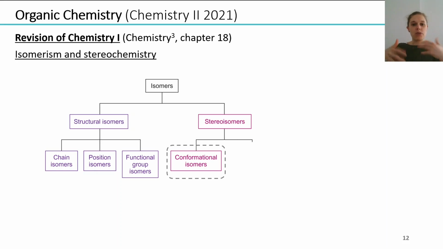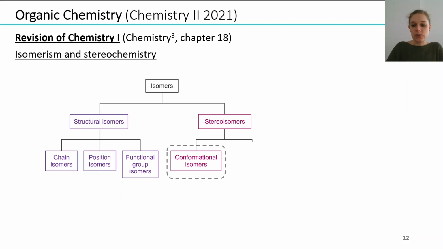So there's a free rotation, and that's why this conversion is quite easy. In contrast to this free rotation, we have for the configurational isomers no easy conversion from one isomer into the other, as we need to break a chemical bond.